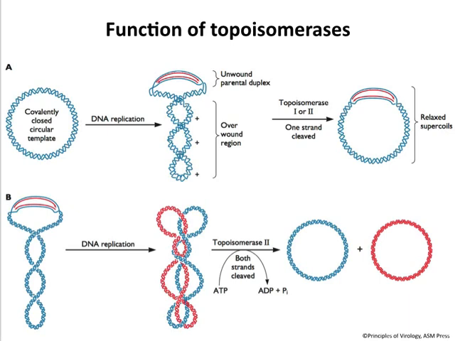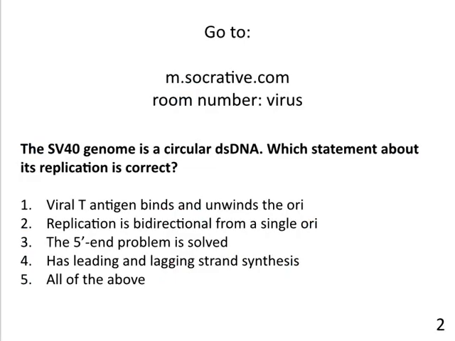You can't get them apart unless you nick them. And then topoisomerase 2 cleaves both strands and gets them apart. Otherwise, they'd be locked together forever. So topoisomerases play an important role. And again, for SV40, these are host-coded. Some of the viruses encode their own topos. Obviously, pox virus does because it replicates in the cytoplasm.